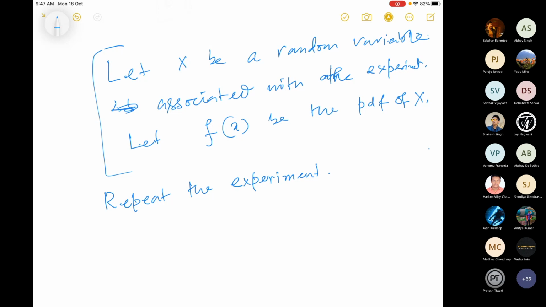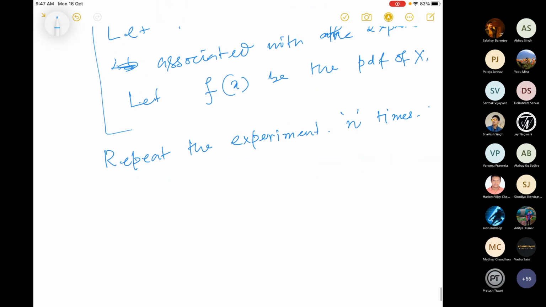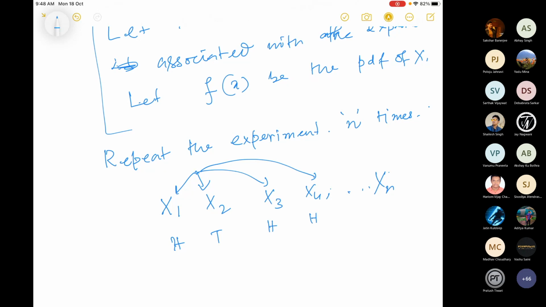Each time you have the same random variable, but I'm writing it as x1 for the first time, x2 for the second time, x3 for the third time, x4 for the fourth, and so on up to xn. Every time you are, let's say, tossing a coin, and you get data. Let's say this is head, this is tail, this is head, this is head, this is tail, and so on. So you have this data now.